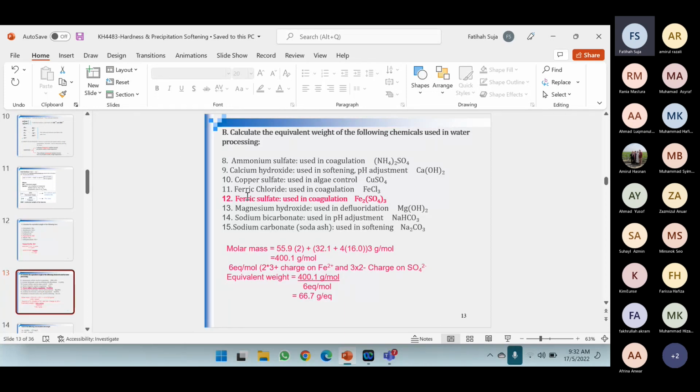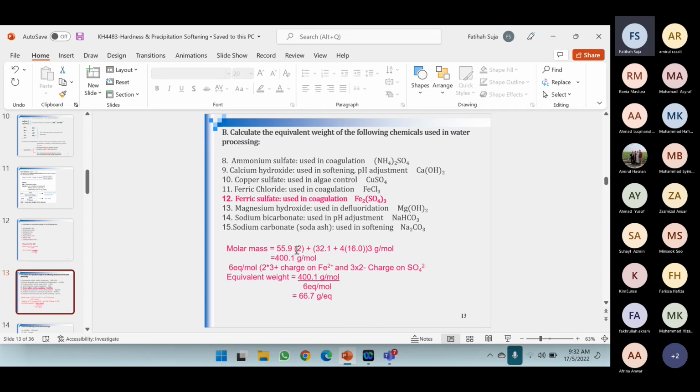So let's say you have compound ferric sulfate, which is used in coagulation. So this is ferric sulfate, Fe2(SO4)3. So the molar mass, for ferrum, when you look at the ionic table, it is 55.9.